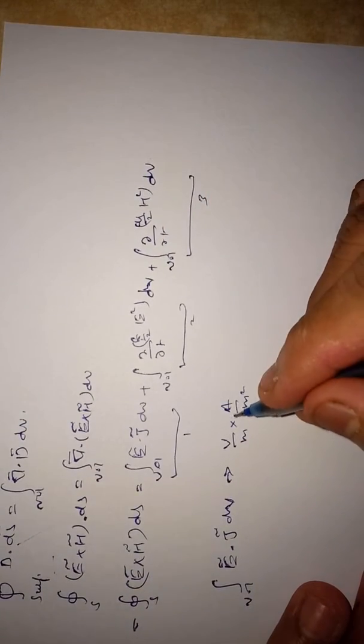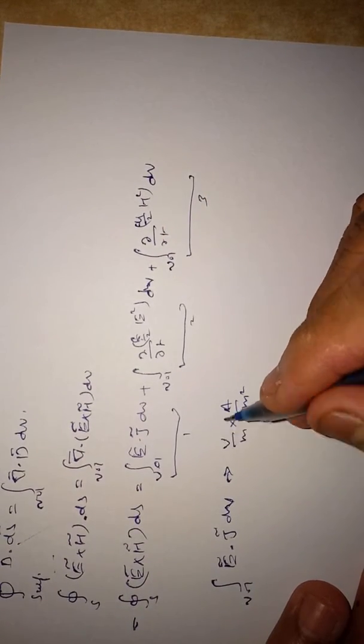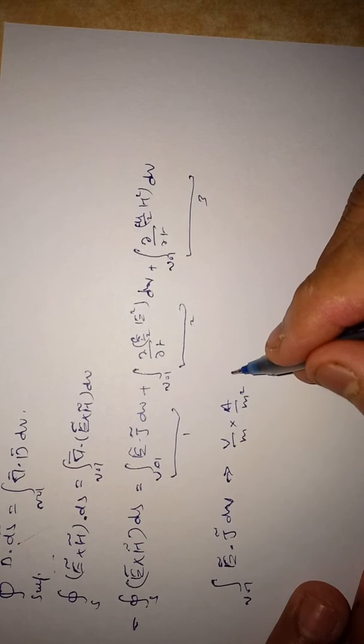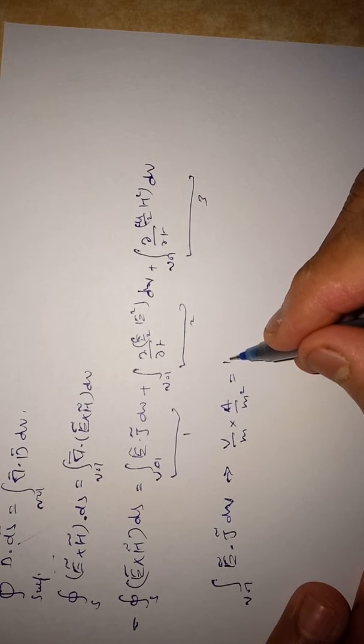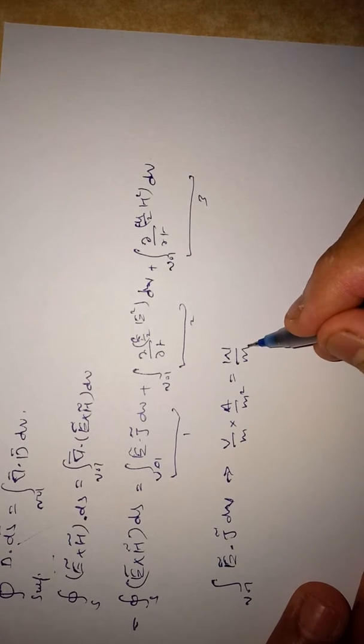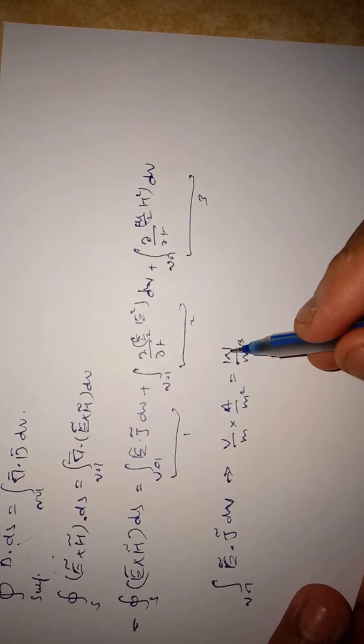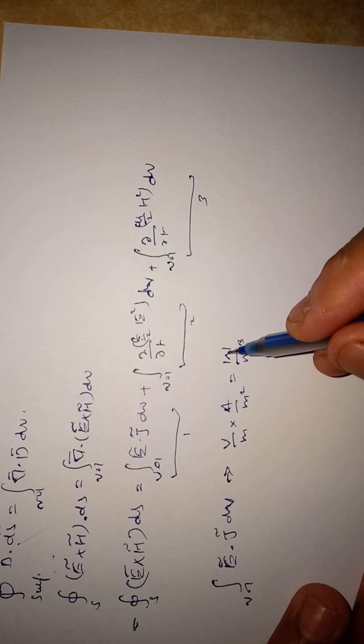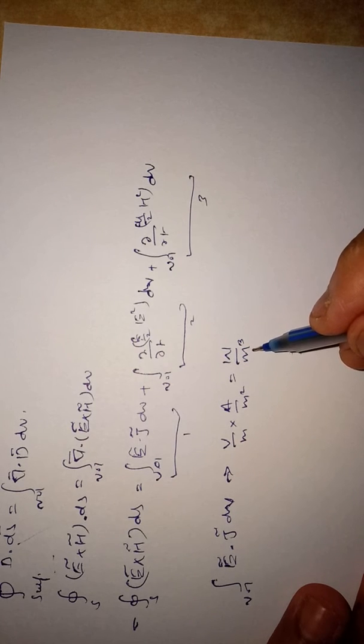If I multiply voltage and current, this becomes watts per meter cube. So it is a power density function, power per unit volume.